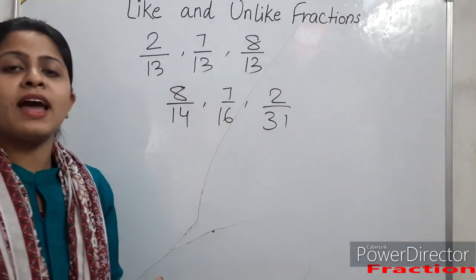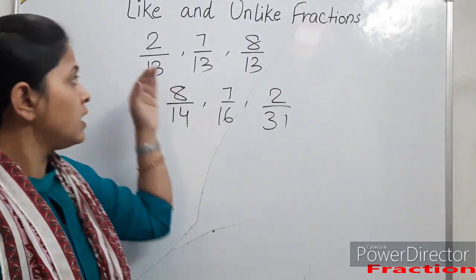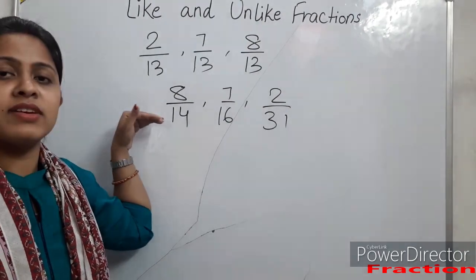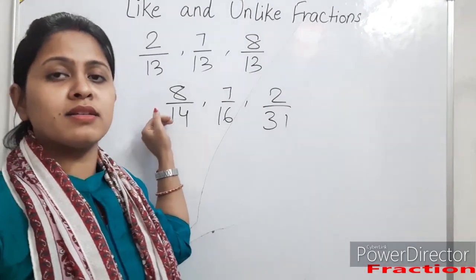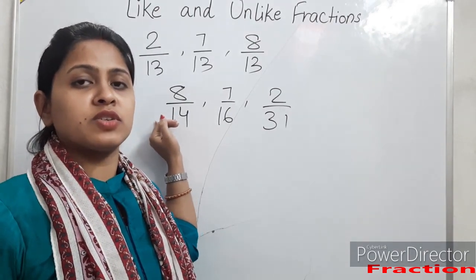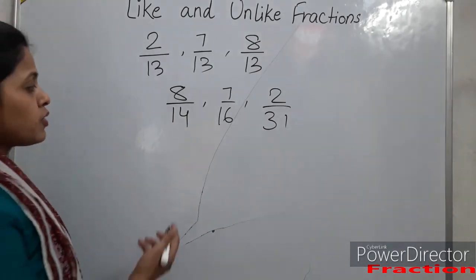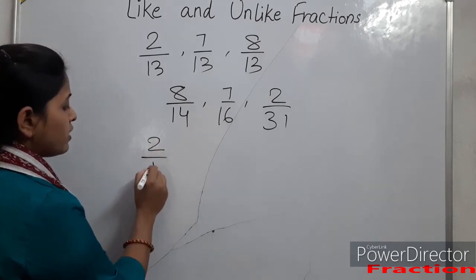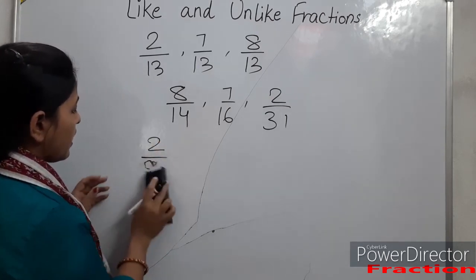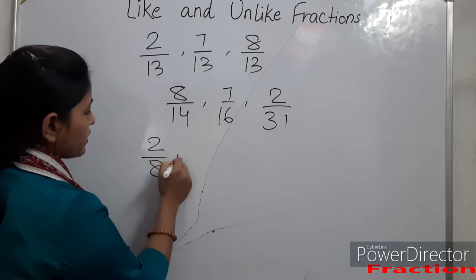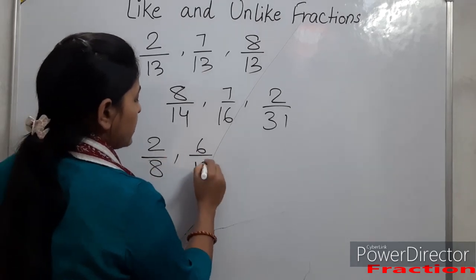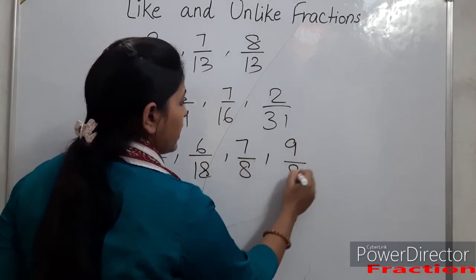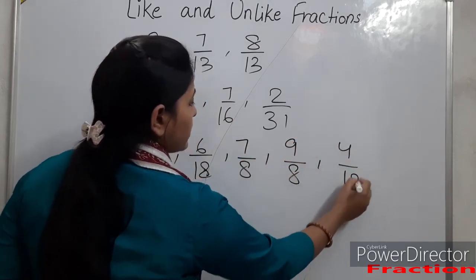Fractions having the same denominator are considered like fractions, and fractions having different denominators are considered unlike fractions. Suppose I have written here 2 by 8, 6 by 18, 7 by 8, 9 by 8, 4 by 18.